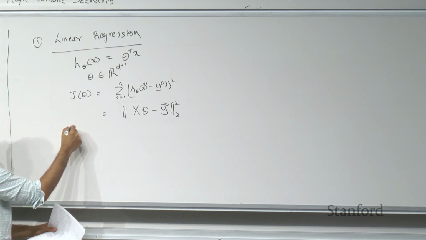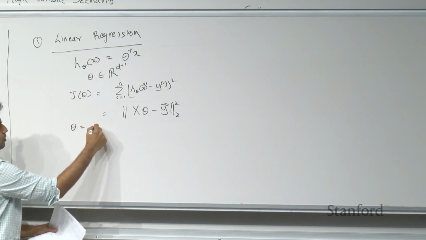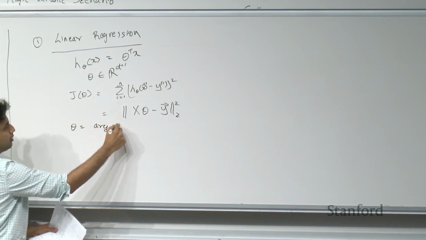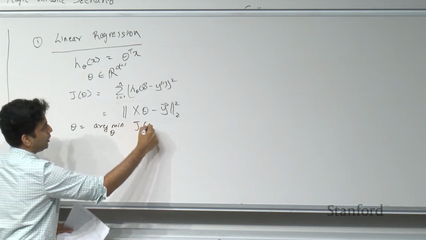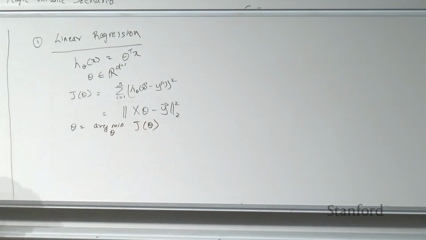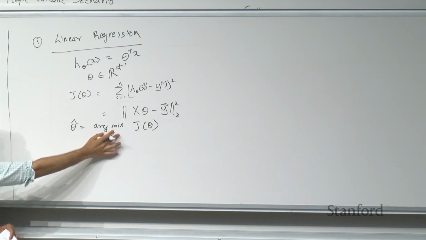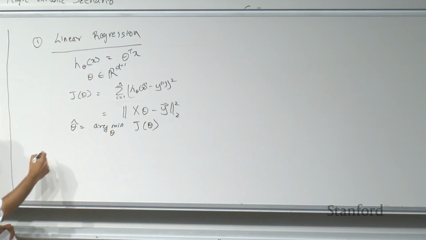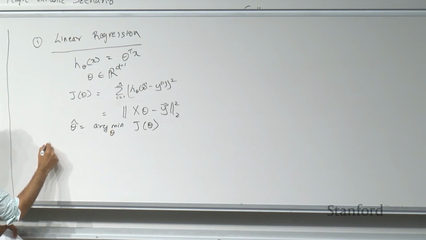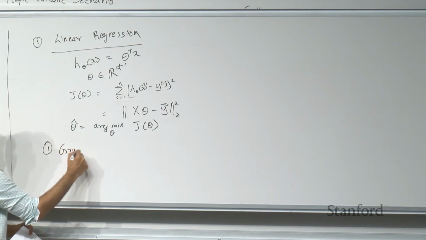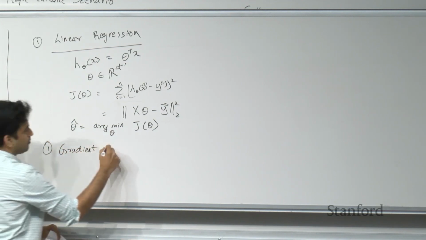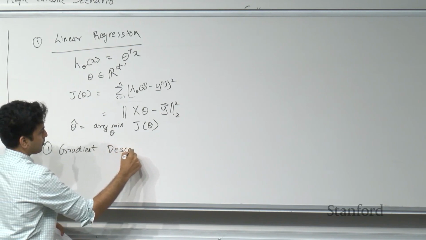So what we want to do is find theta hat equals argmin over theta of J of theta. Right. We put hats on all estimated values, and in order to perform this minimization, the first algorithm that we saw was gradient descent. Right.